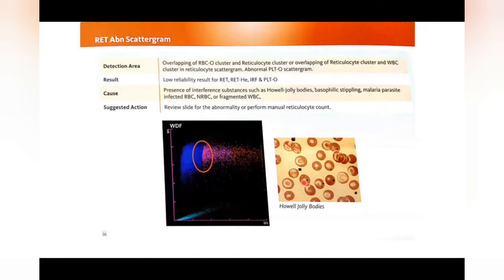It can be a Howell Jolly body, or a basophilic stippling, or a malarial parasite, or nucleated RBCs or fragmented red cells, but fragmented red cells will usually come here in this region. So therefore, you should always see the smear in these cases, because there might be Howell Jolly bodies or stipplings or malaria parasite which you're missing out.